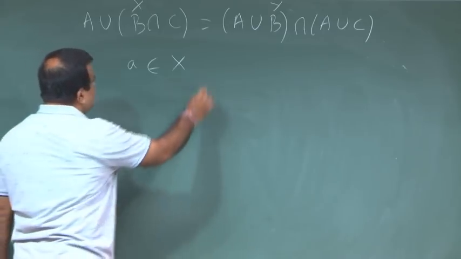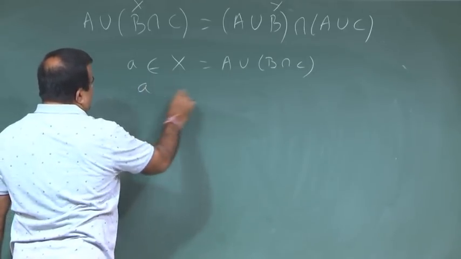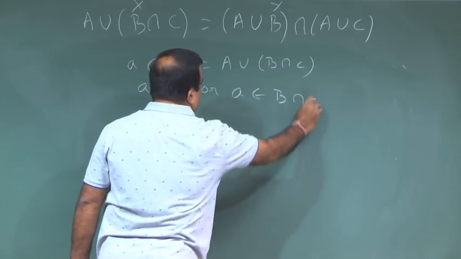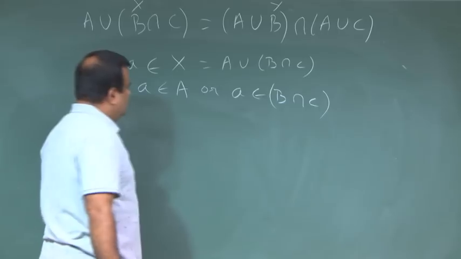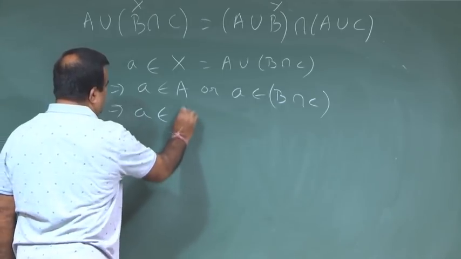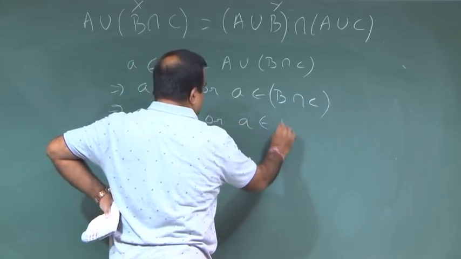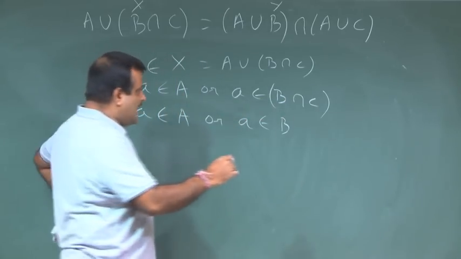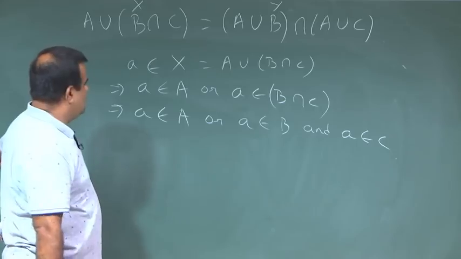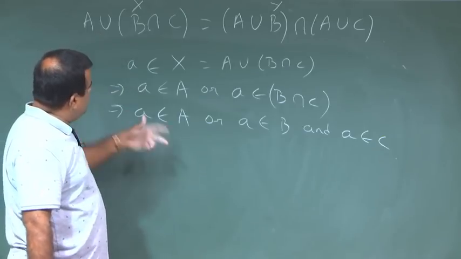So, a belongs to x means, x is nothing but A union B intersection C. So, that means a belongs to A or a belongs to B intersection C. Now, this means a belongs to A, or a belongs to B intersection C, which means a has to belong to B and a belongs to C.